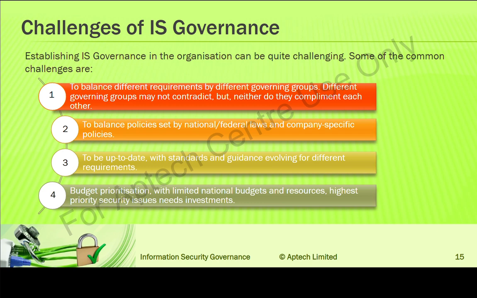It's not easy to meet. And we also have budget prioritization, projecting the finance part, the resources part, with limited national budget and resources. The highest priority security issues need investment. So a lot of money is needed to put all these things in place.